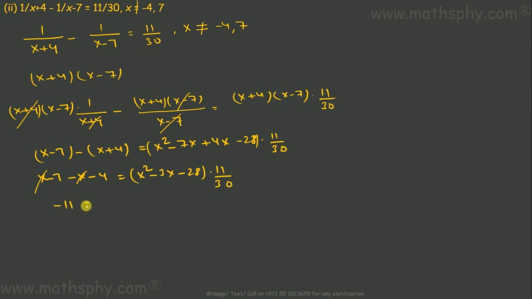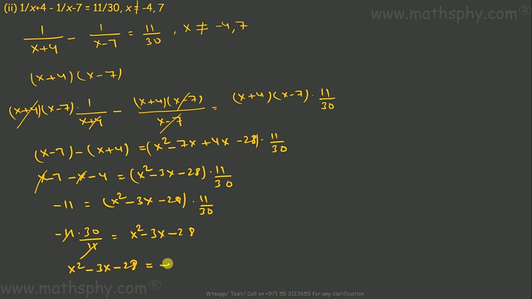Minus 11 equals x squared minus 3x minus 28 into 11 over 30. This comes this side, so negative 11 into 30 over 11 equals x squared minus 3x minus 28. It's cancelled. So this will be x squared minus 3x minus 28 equals negative 30. So this will be x squared minus 3x minus 28 plus 30 equals 0. So x squared minus 3x plus 2 equals 0.